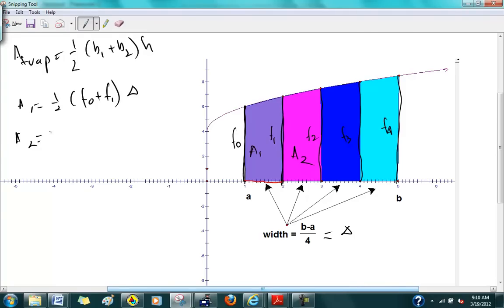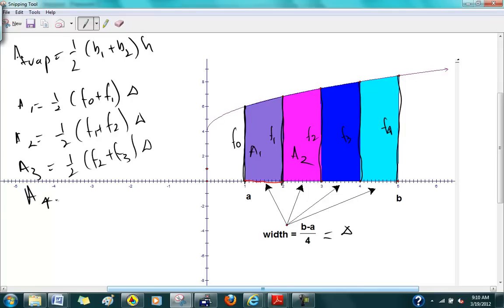Someone tell me A2. 1/2 (F1 plus F2) times delta, and then A3. Nice. And then finally A4, 1/2 (F3 plus F4) times delta. If you add all of them up, you get the area of all the trapezoids added together. And notice what you get.